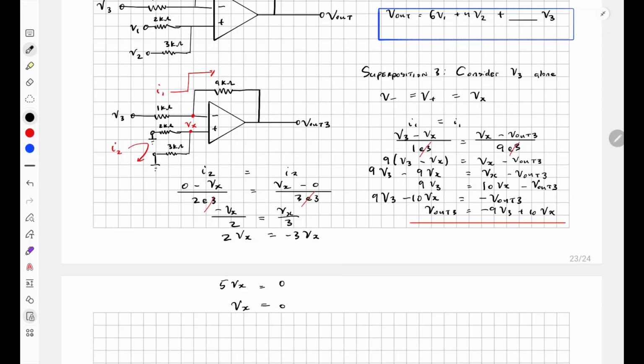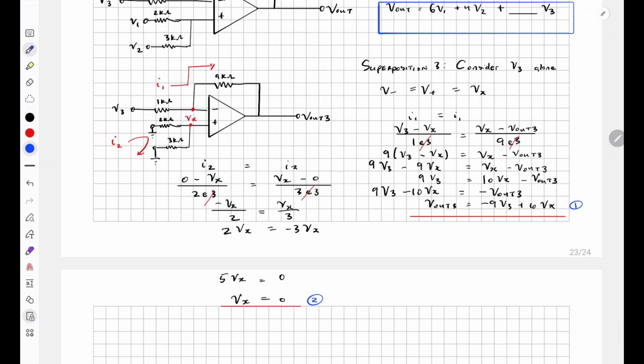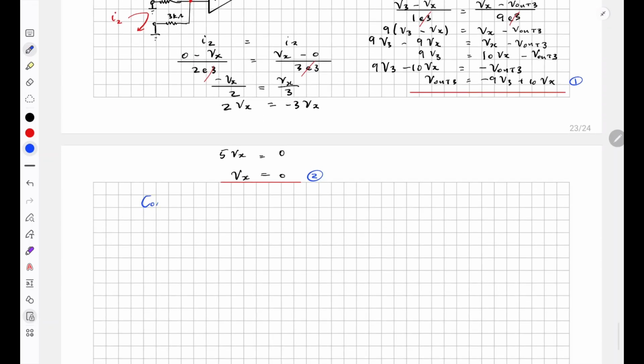Let's call what we solved previously equation 1, and what we just solved now equation 2. I will combine 1 and 2.